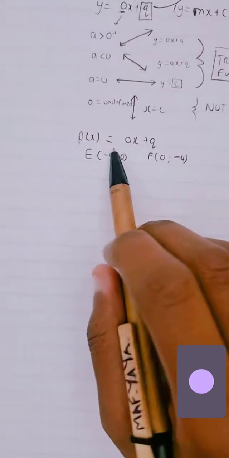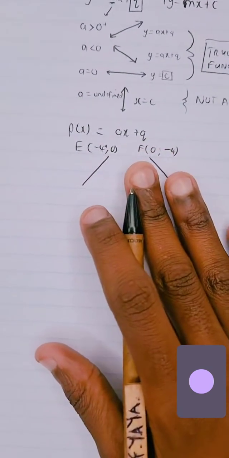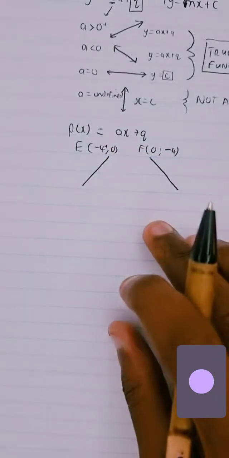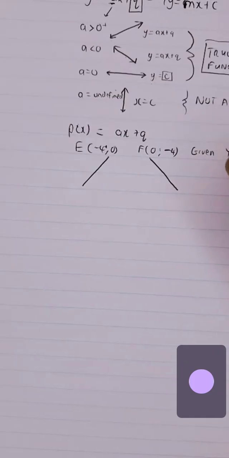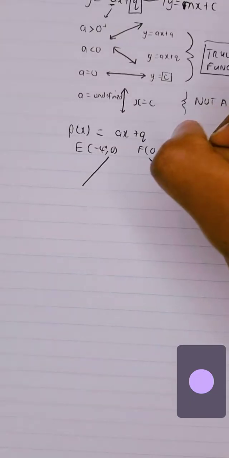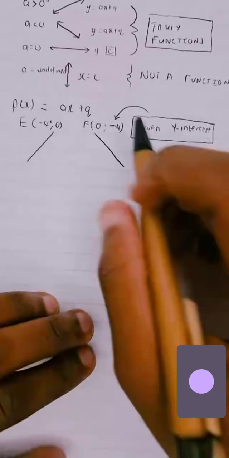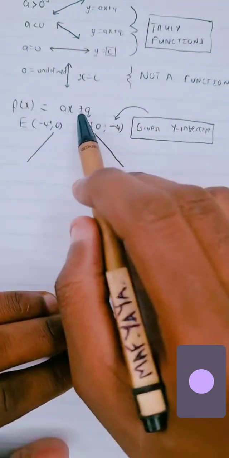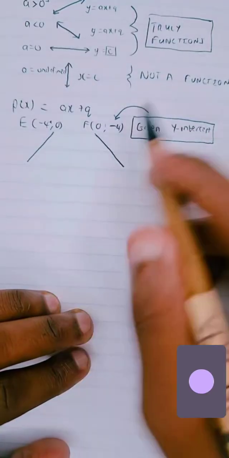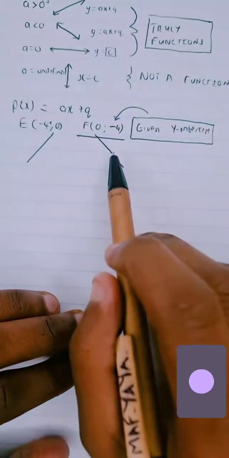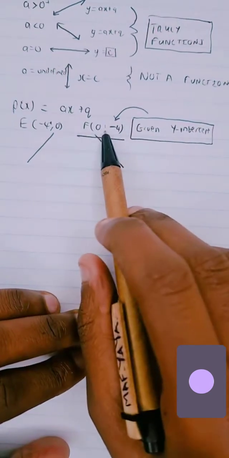So you have p of x is equal to ax plus q. I'm going to show you 2 ways. The reason why there are 2 available ways to find the equation of this function is because we are given the y-intercept. F is the y-intercept, the coordinates of the y-intercept.